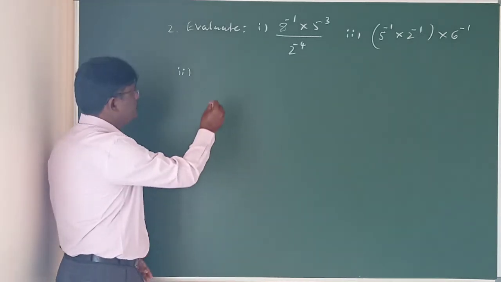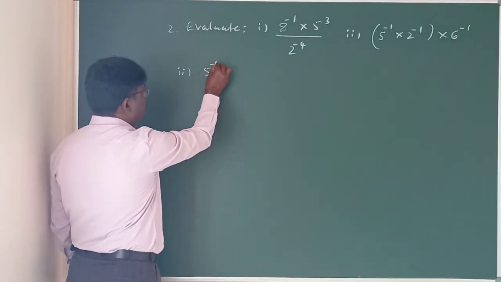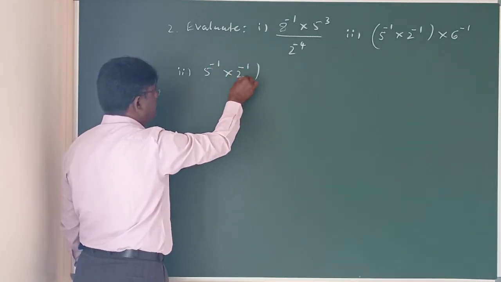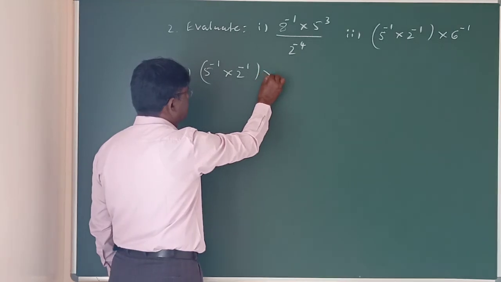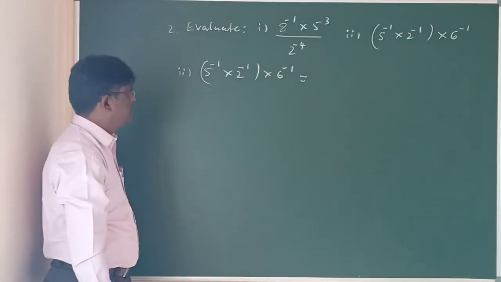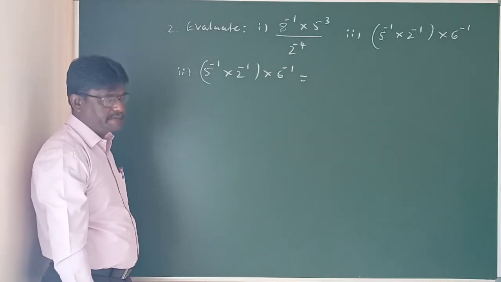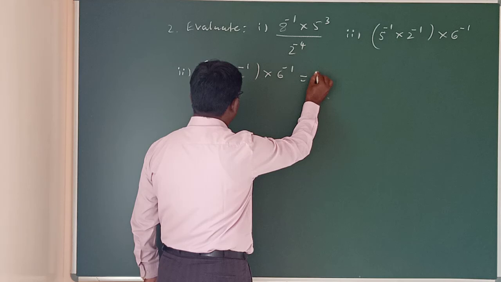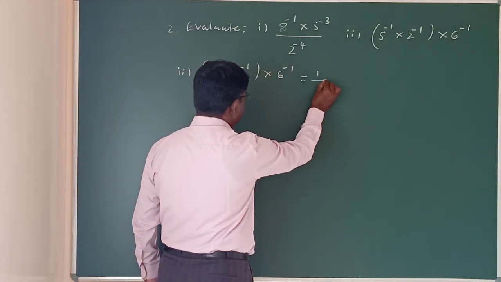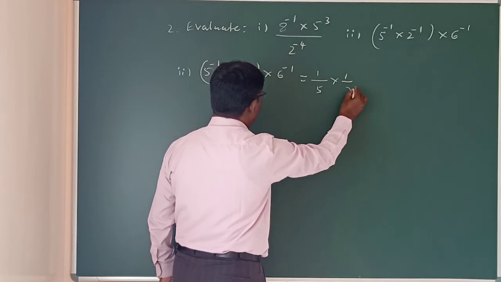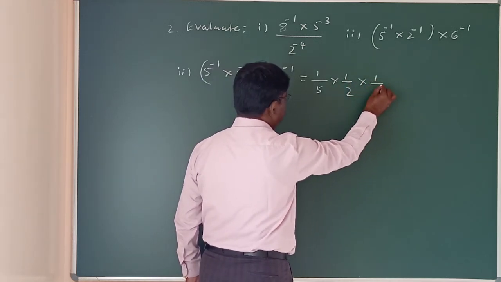Sum number 2, 5 to the power minus 1 into 2 power minus 1 into 6 power minus 1. Okay, first we shall express all this in positive notation. This 5 power minus 1 can be written as 1 upon 5, 1 upon 2, 1 upon 6.